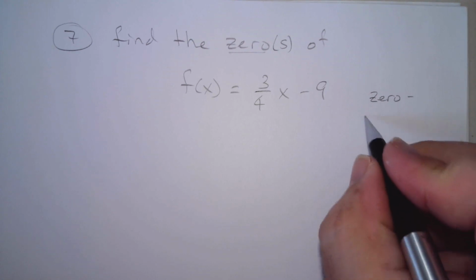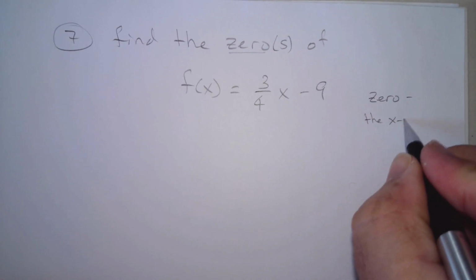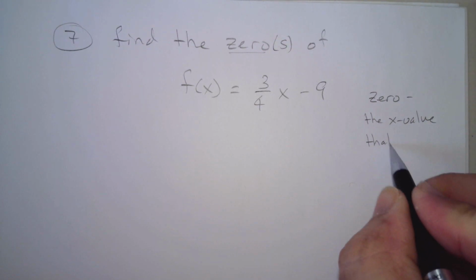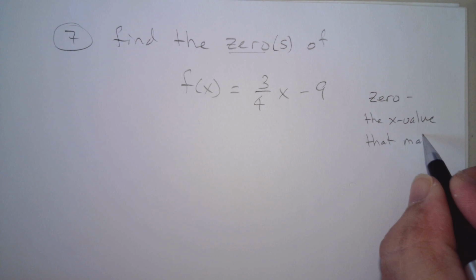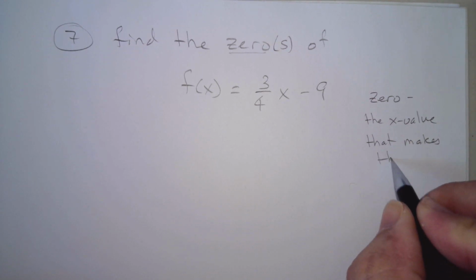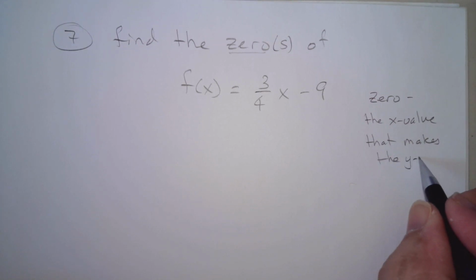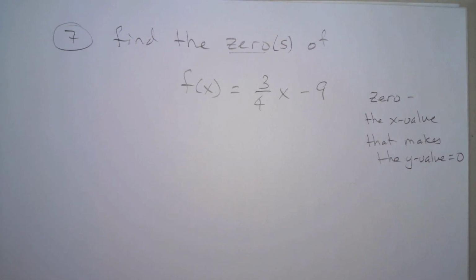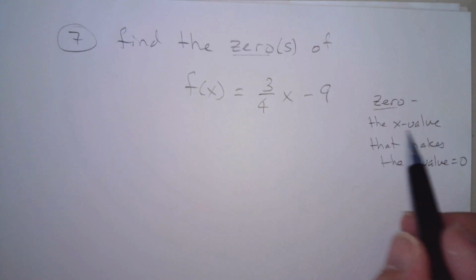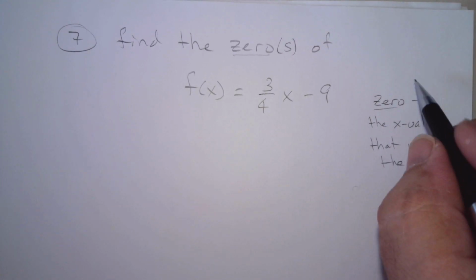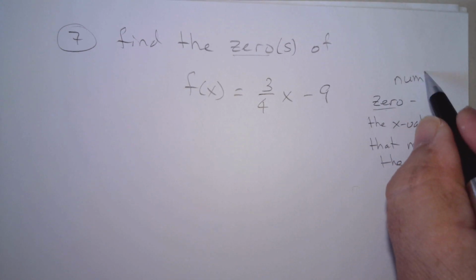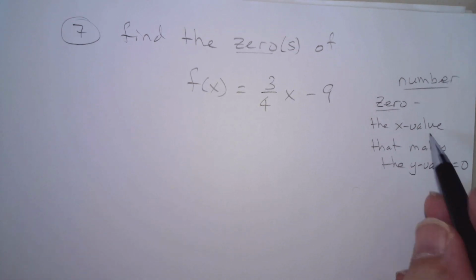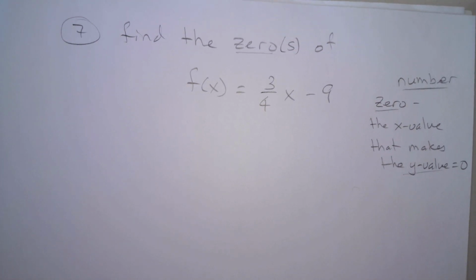Zero is the x value that makes the y value equal 0. So 0 is the x value. It's a single number that makes the y value equal 0.